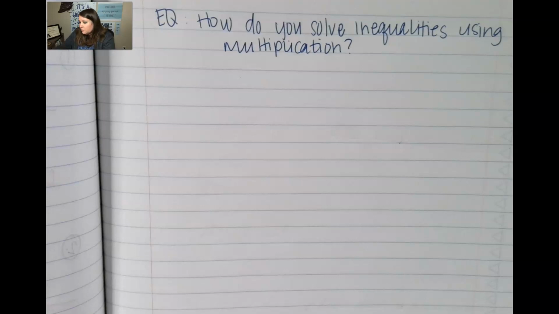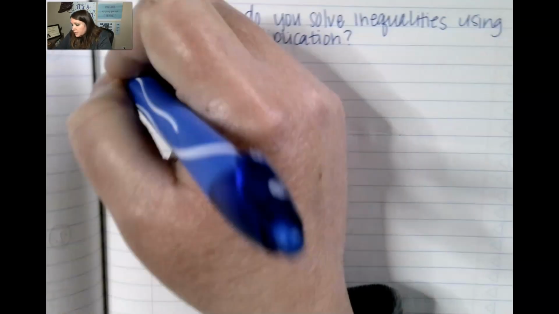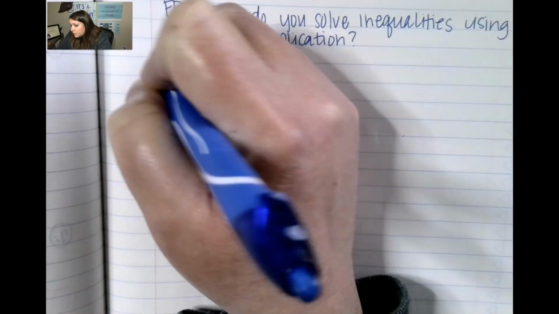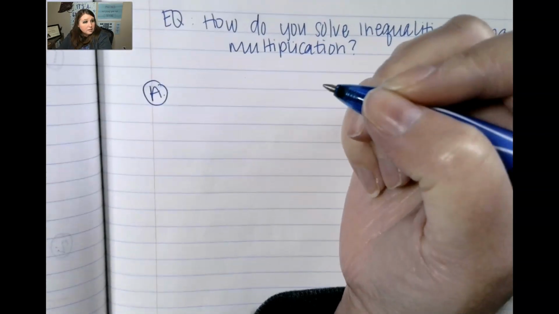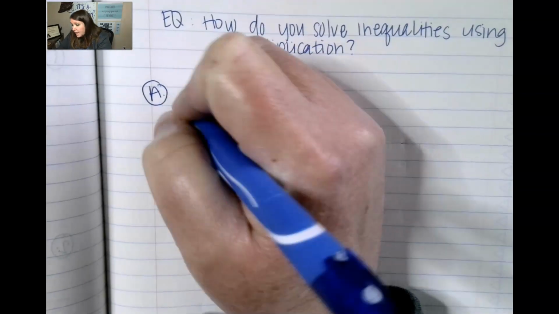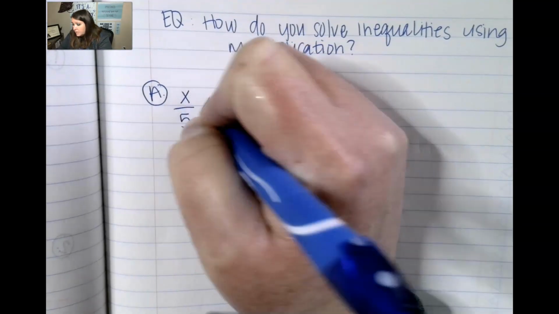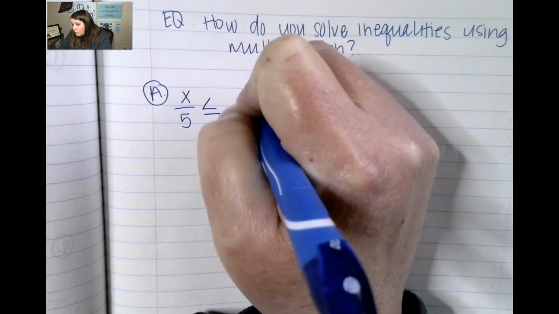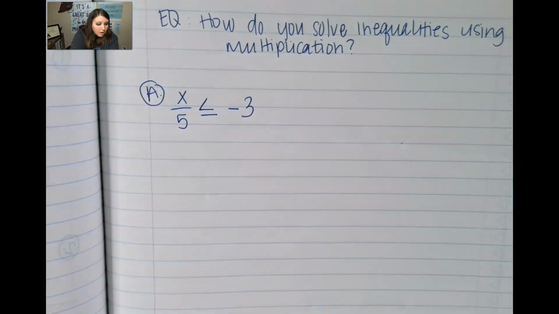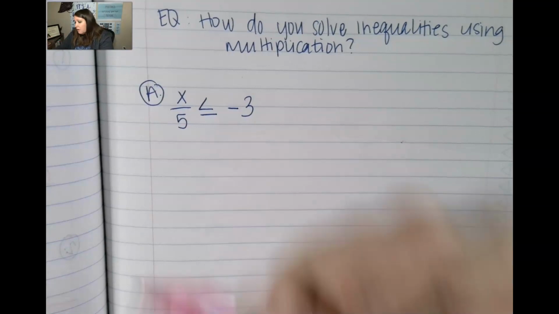So, for example, our first example, example A, looks like this. It says x over 5 is less than or equal to -3. So our job is to isolate this variable, and we want to get it by itself.